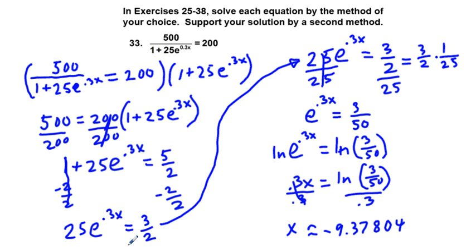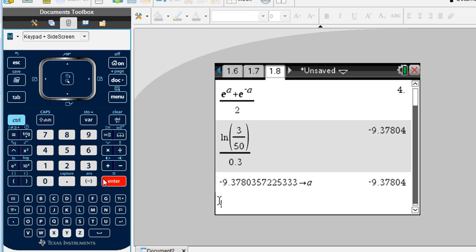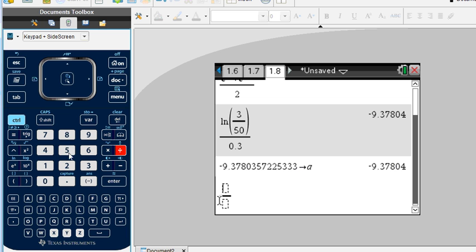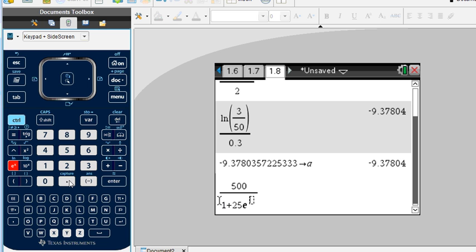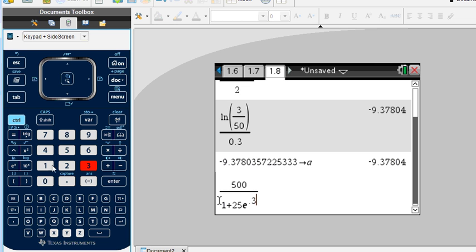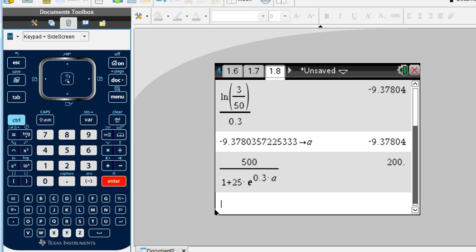Just remembering our original equation, 500 over 1 plus 25e to the power of 0.3A. We press this in, we should get 200 if we're right, and we do, so that checks out.